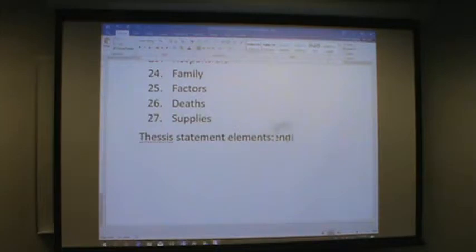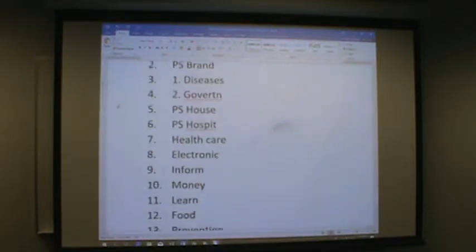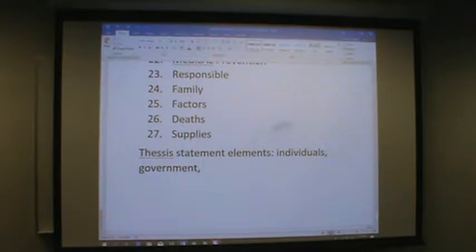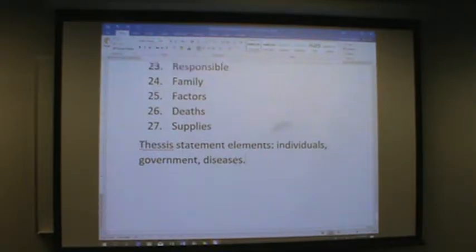We have individuals, government, and diseases. Okay, there we go. Now this is the moment to start your introductory paragraph. This is when you already have the elements that you need.